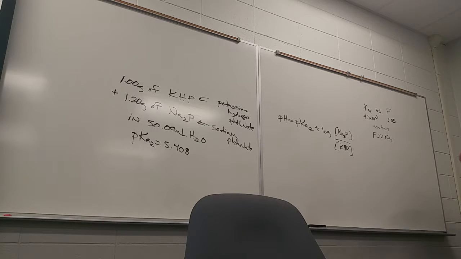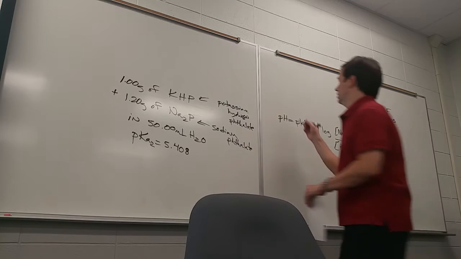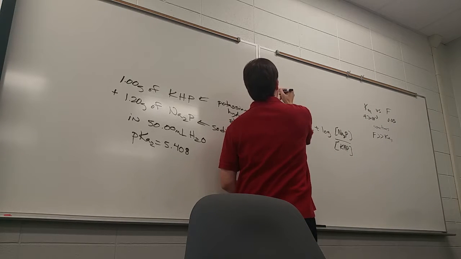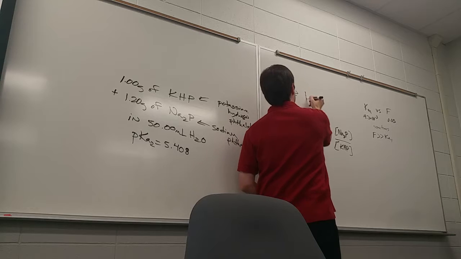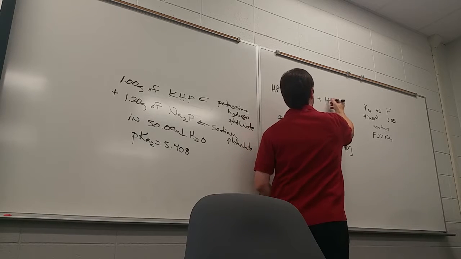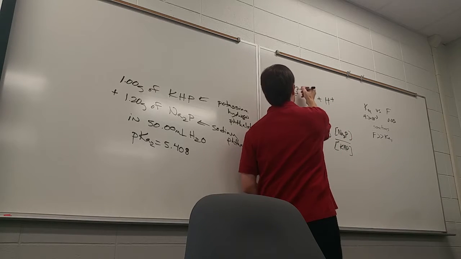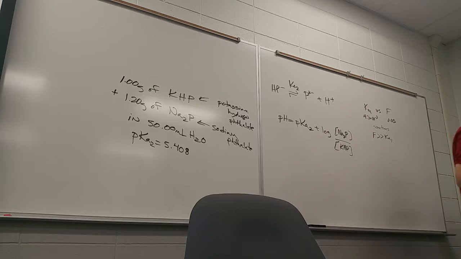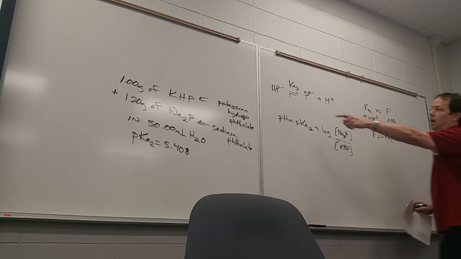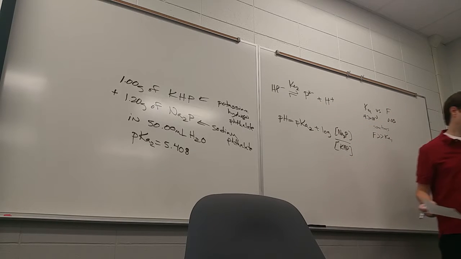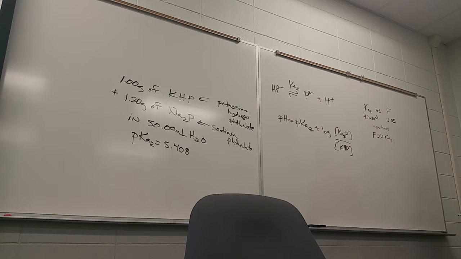Just like in the previous equation, we're looking at the reaction between HP minus going to P2 minus. It's sort of like the intermediate form again, although this one happens to be negative and 2 minus, but this all depends on the initial protonated state.